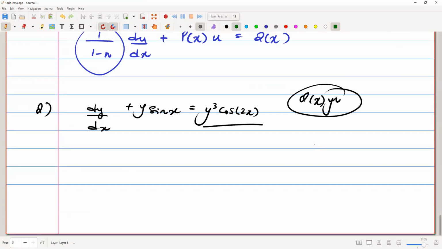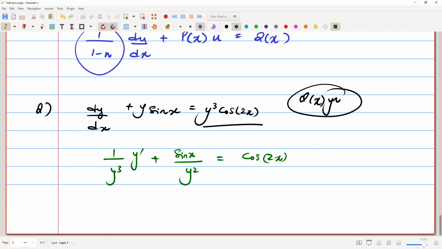So now we can just divide the whole equation by y cube, so we will get 1 over y cube times y prime, and then here we will have sine x over, this is y cube and this is y, so it will go in the denominator, so it will be y squared, and then we have equals cosine 2x, right?